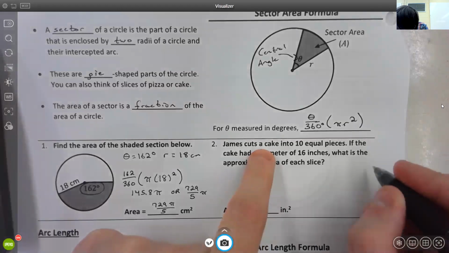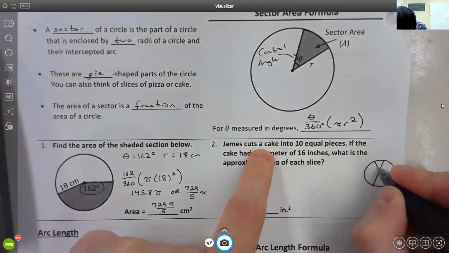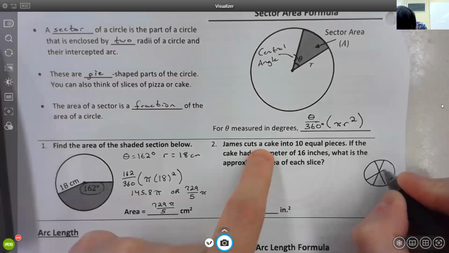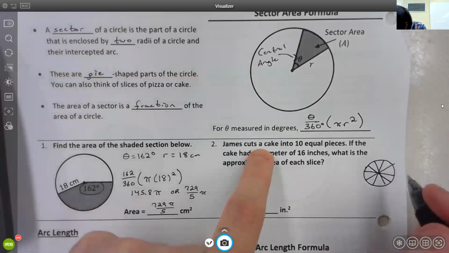So if you draw that out, and I'm going to draw it out as best I can. If you've seen anything else that I've done, you know that I'm not the best at this. Anyway, imagine that those are equal.